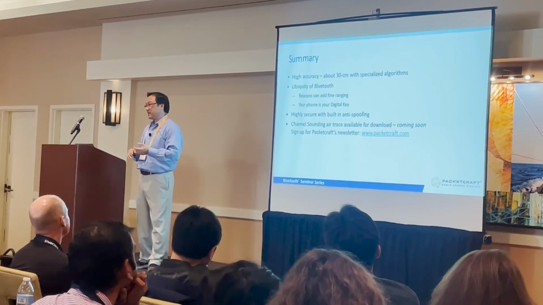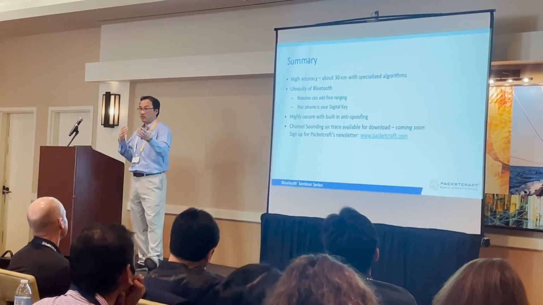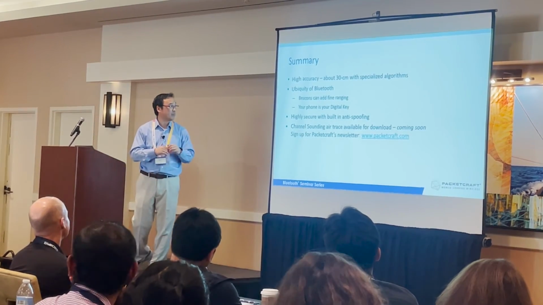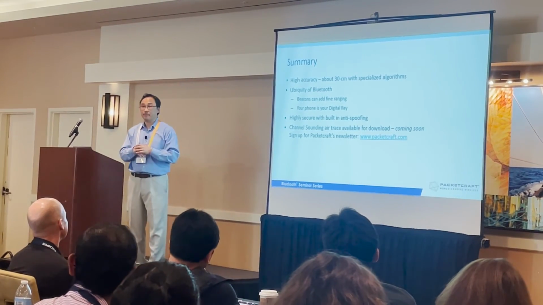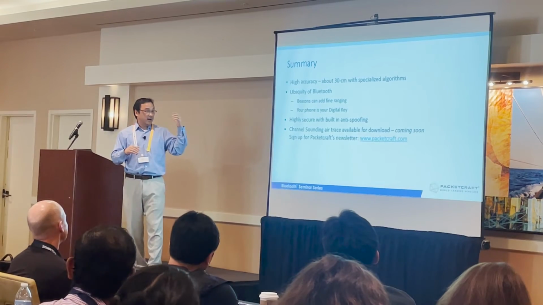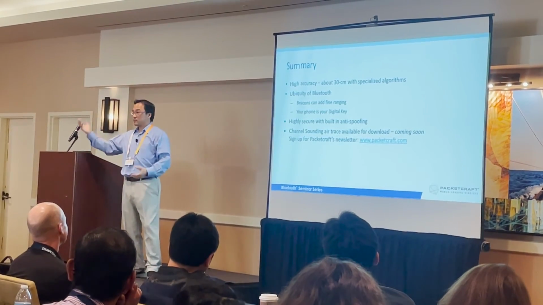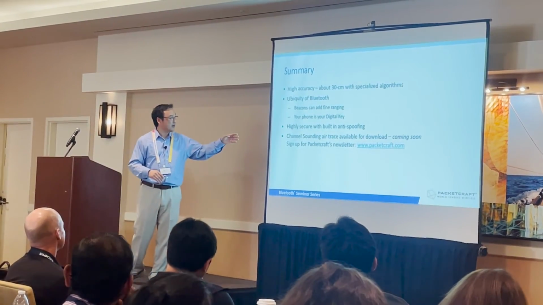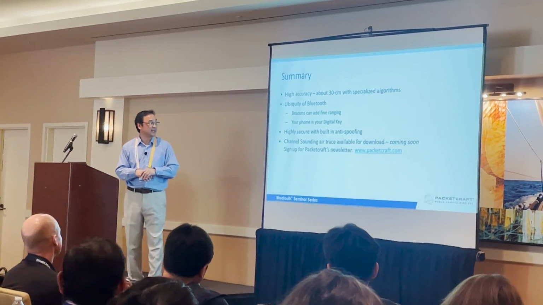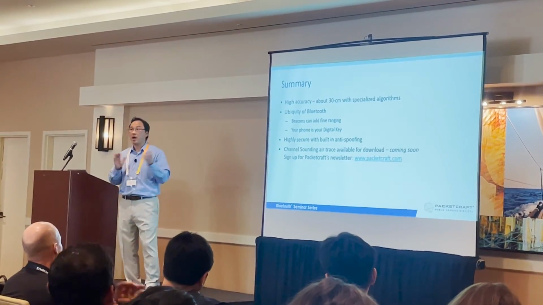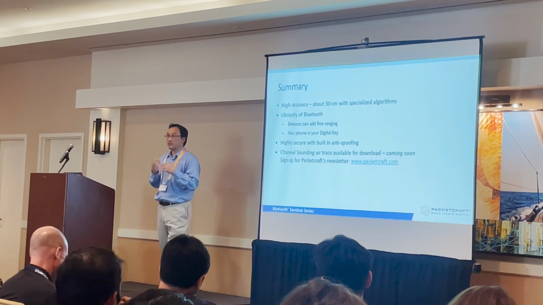Your phone is your digital key, and we've seen earlier how the phone can be part of the key that unlocks your door and unlocks access to your office. Highly secure with built-in anti-spoofing. So a lot of good things to come with channel sounding.